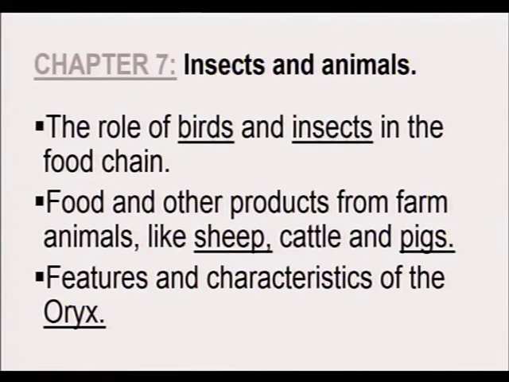Chapter 7, insects and animals, the role of birds and insects in the food chain. Food and other products from farm animals like sheep, cattle, and pigs.